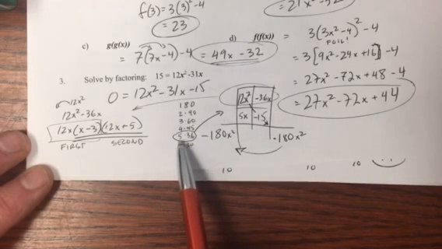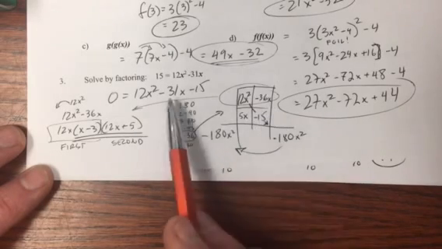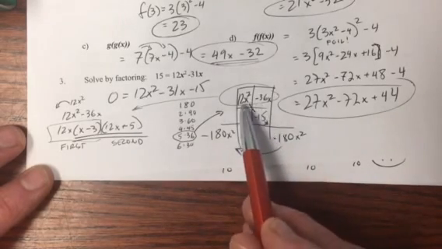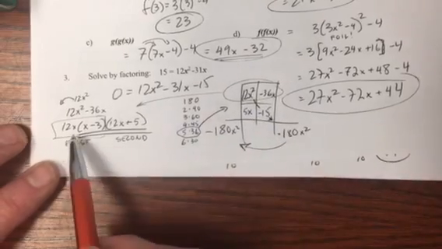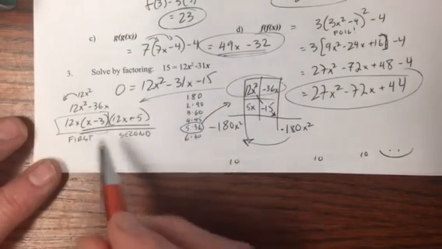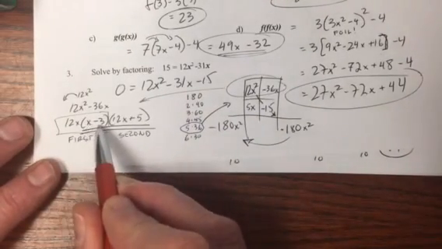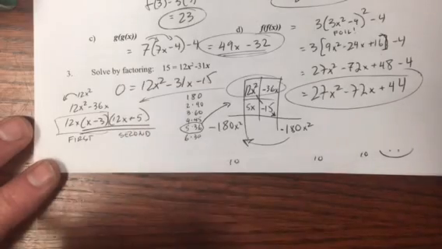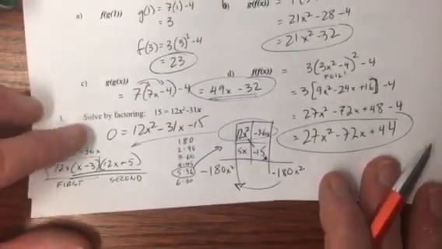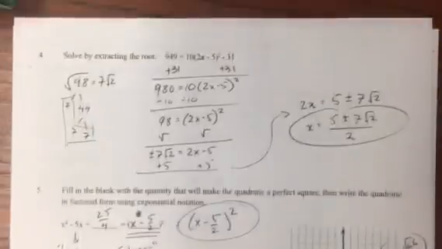Turns out 36 times 5 multiply to make 180, but subtract to make 31. So I plug them in my box method, and then I factor out the common term, and I get x minus 3 times 12x plus 5, okay? There's a good video explaining factoring if you need to review that.